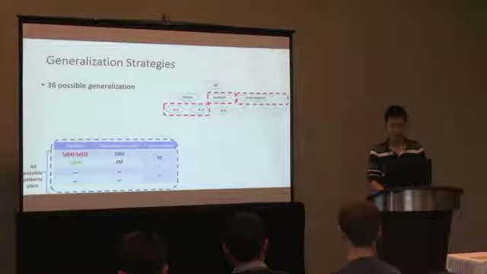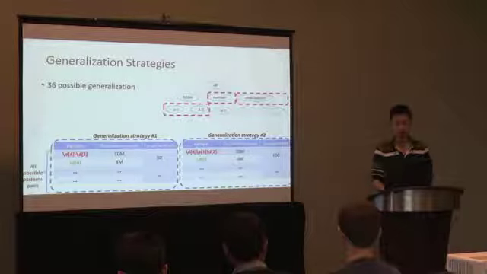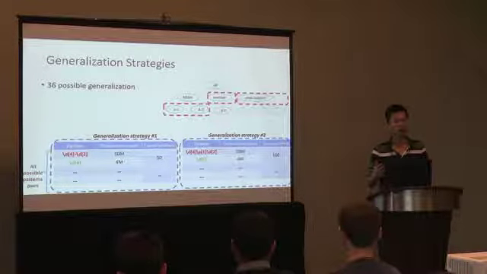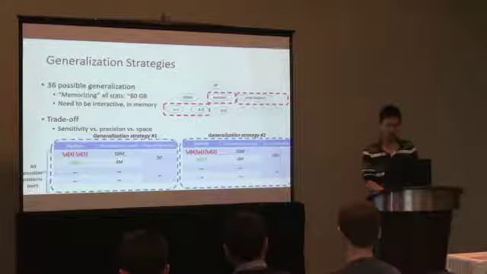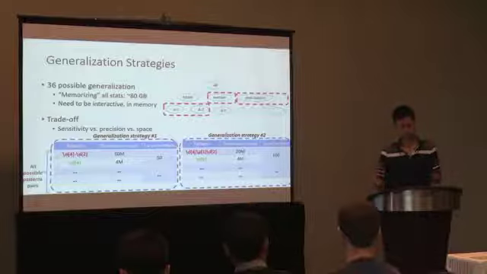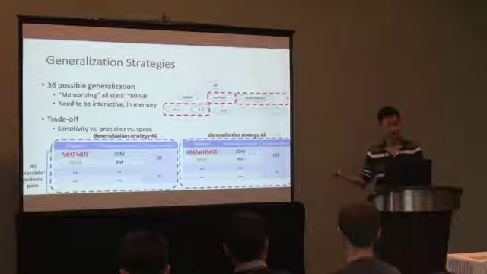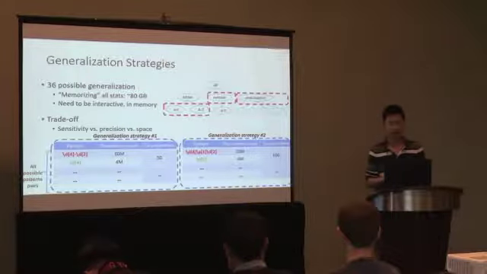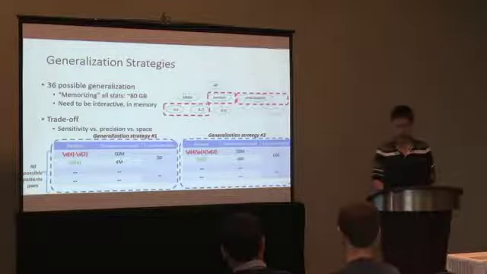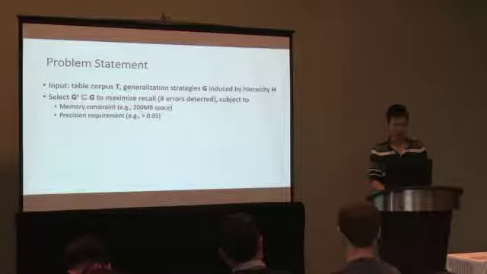So in that case, you would have a different table encoding all the different statistics for the second strategy. So that takes a lot of space, and because we need to be interactive and these need to be in memory, we face a lot of trade-offs in terms of sensitivity, precision, and space. I won't have time to go into the details.